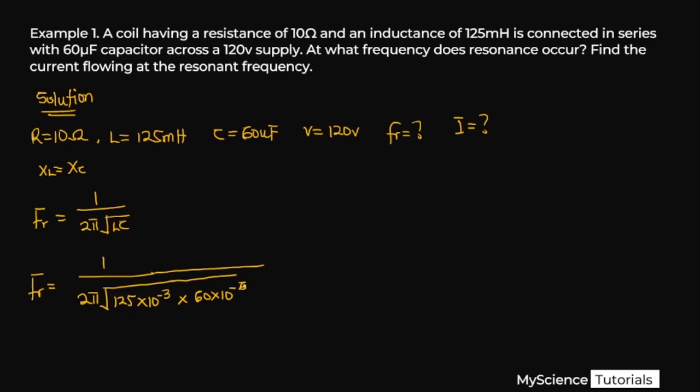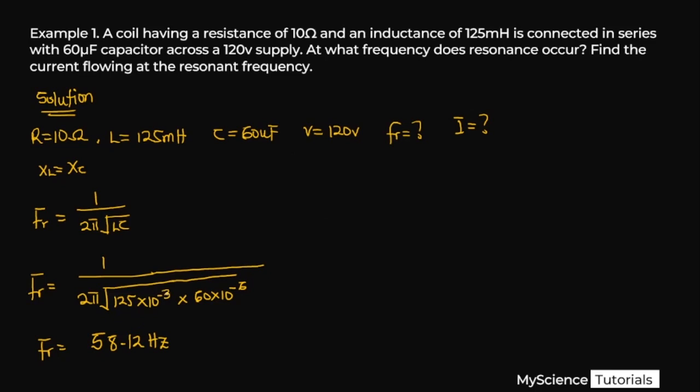So our resonant frequency is equal to 1 over 2 pi the root of 125 times 10 raised to the power minus 3 multiplied by 60 times 10 raised to the power minus 6, which gives us a frequency of 58.12 hertz. Okay, so 58.12 hertz is the resonant frequency at which the resonance is occurring.